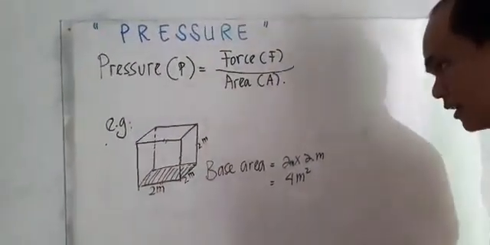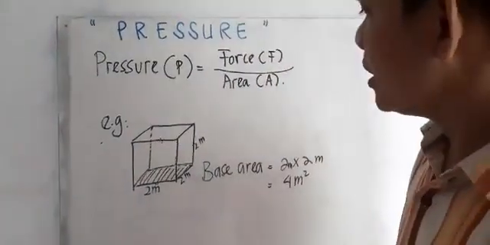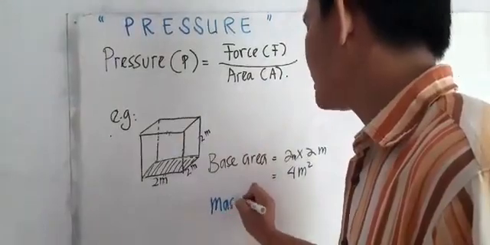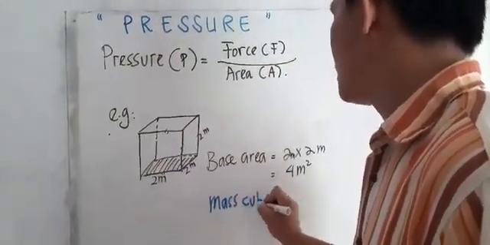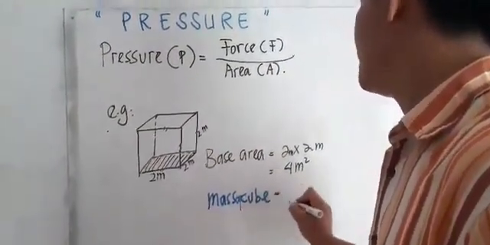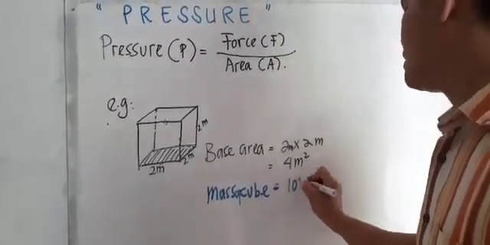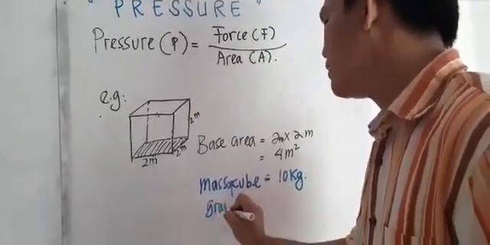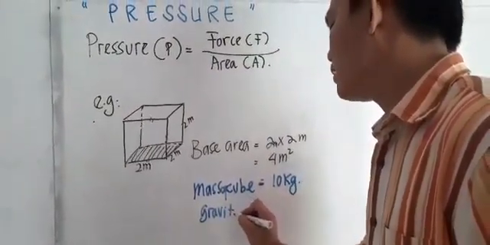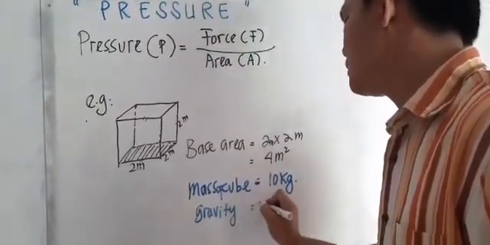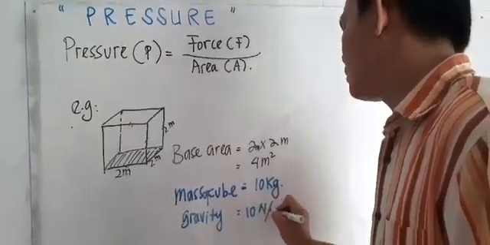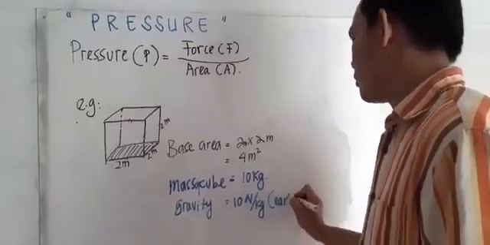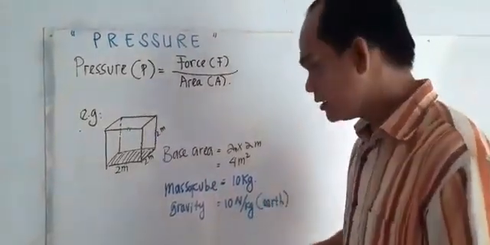So if I tell you that the mass of the cube is, for example, 10 kilograms, and the gravity is 10 Newton per kilogram, on the Earth.